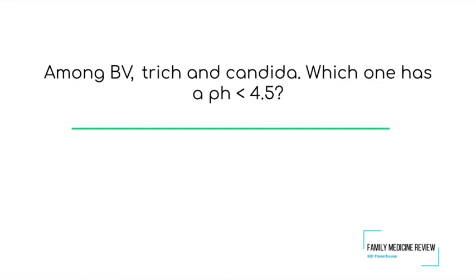Candida. How you can remember this is by saying that Candida has a lot of A's and you have A in acidic, so the pH is less than 4.5. What is the tumor marker for ovarian cancer? CA125.